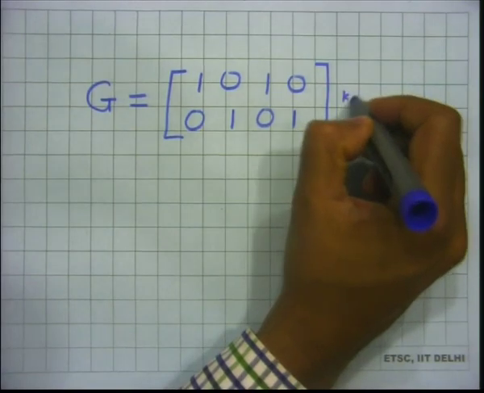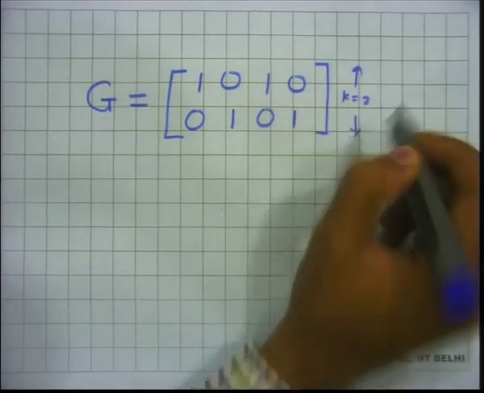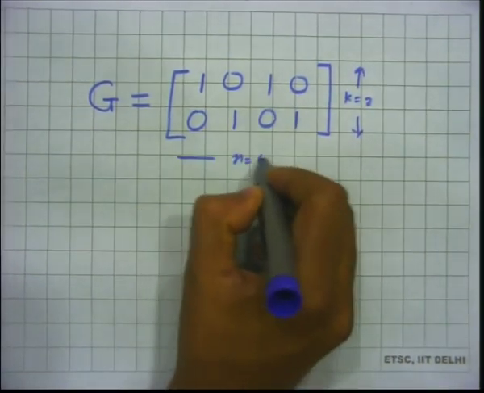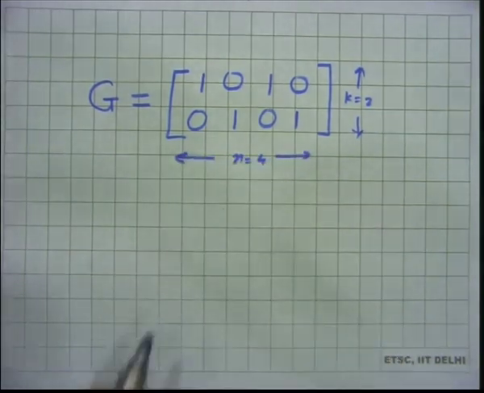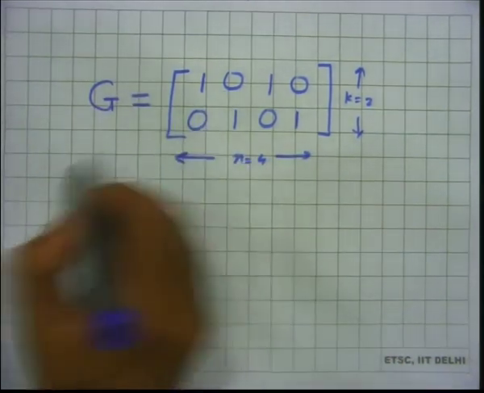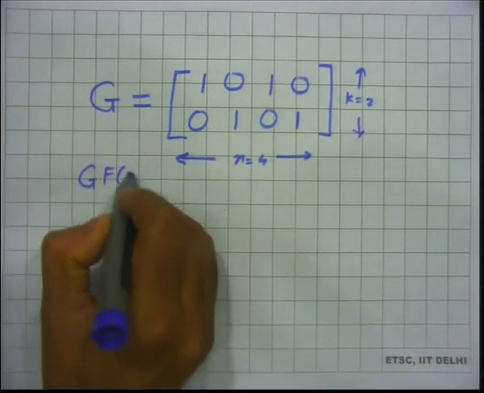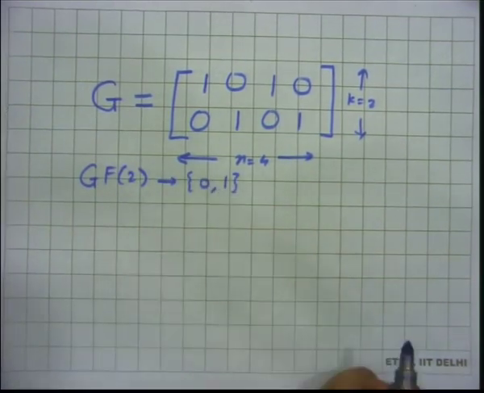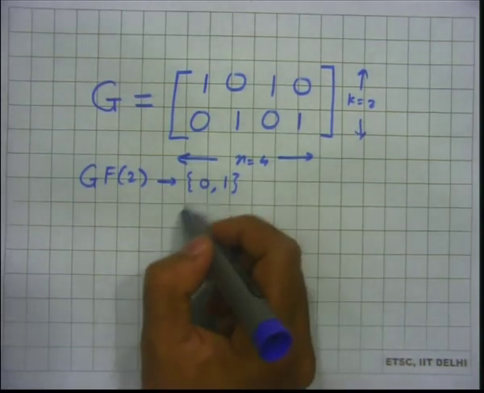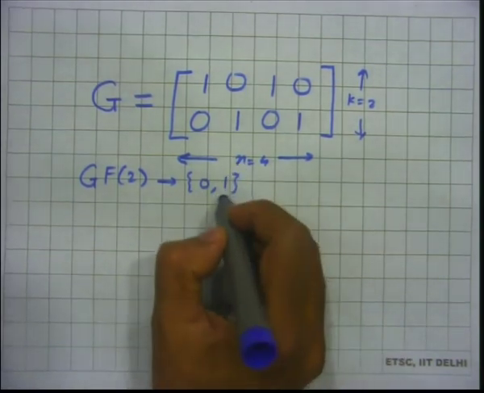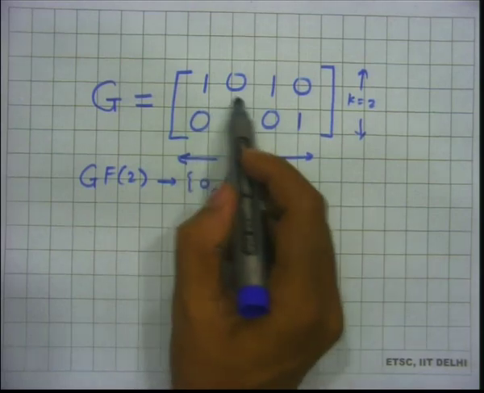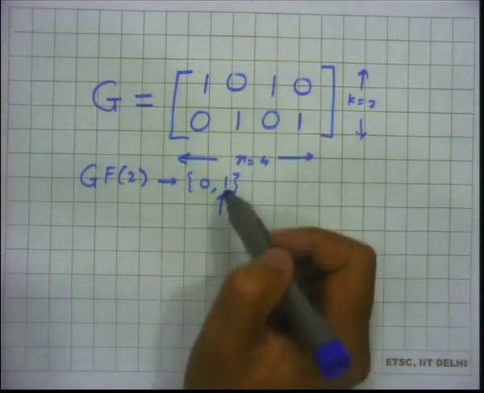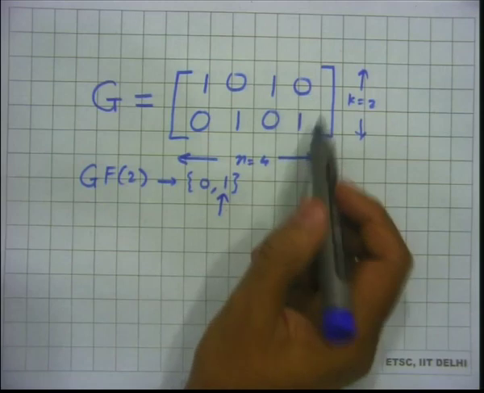So, k equal to 2 and n equal to 4. In this case, it is a code over GF(2). So, there are 2 elements in the set, 0 and 1, and we have already ruled out multiplication by 0. So, multiplication by scalar is multiplying any of the rows by 1. So, it really does not change that.